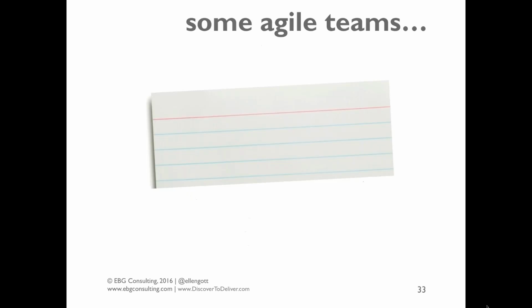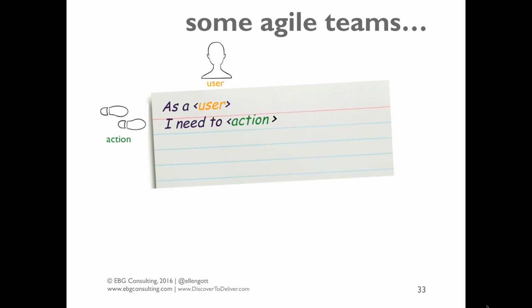Some Agile teams converse about stories using the card story format as a placeholder, such as: as a user, I need to take some action so that I get some benefit. Like our Concerts Online member searching for a discount in order to enhance their concert experiences. Most people just look at the user and the action.